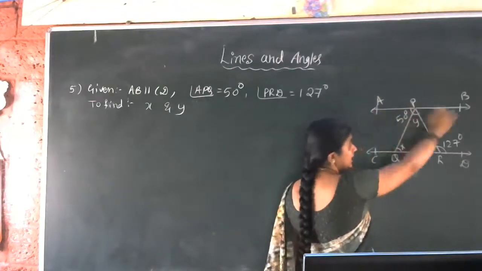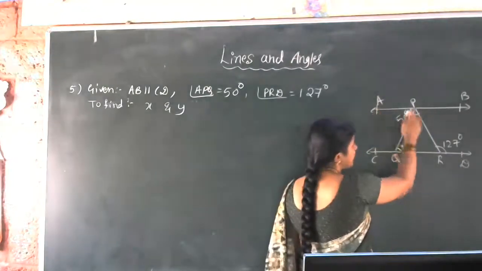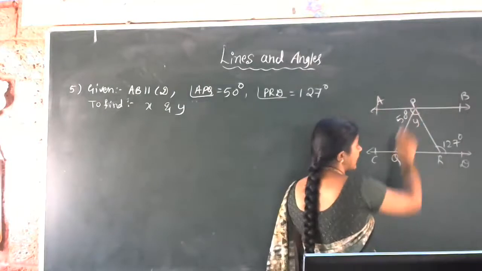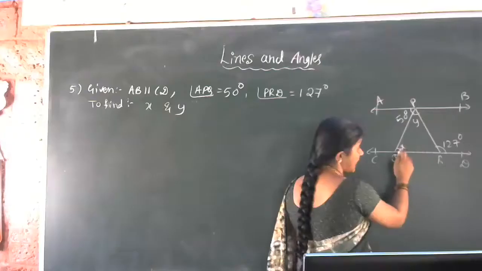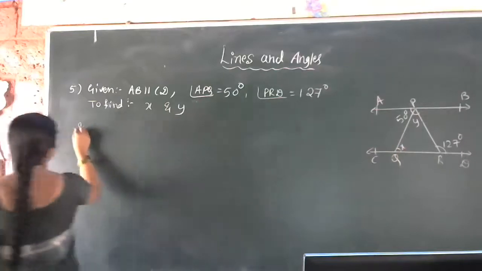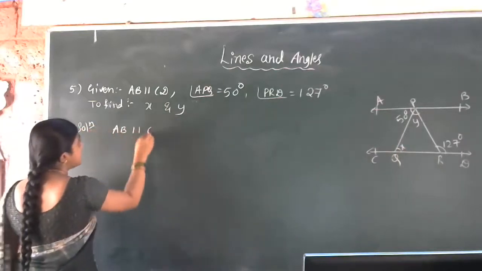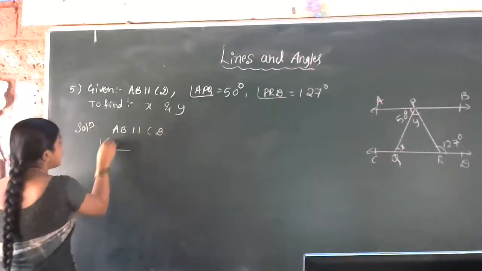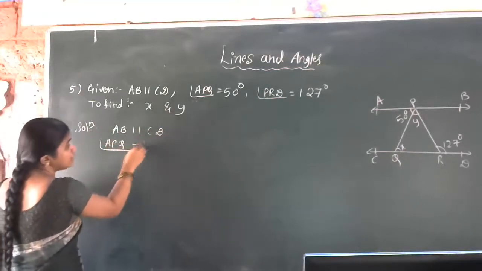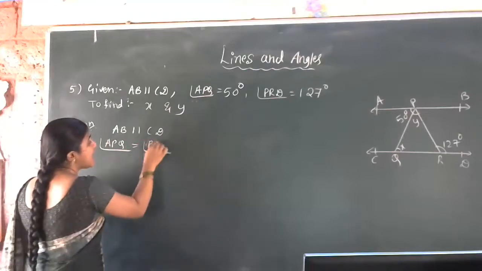Anyhow, AB line is parallel to CD line, so angle APQ is equal to angle PQR. Angle PQR is nothing but X. We start the problem with the given data that AB line is parallel to CD line. Therefore, angle APQ is equal to angle PQR.